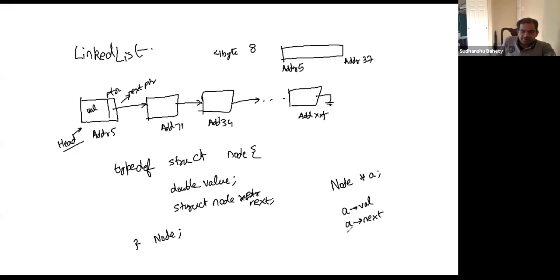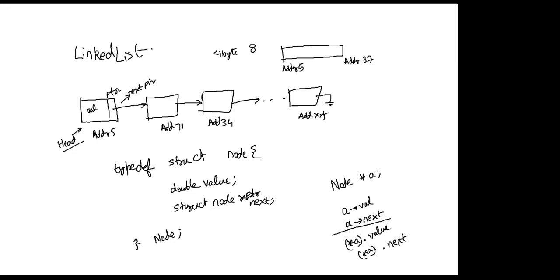But if I dereference a, the way to dereference a is using star a. So star a will give me the contents. So if I do star a, then I can use star a dot val and star a dot next. That's the only difference between arrow and dot, nothing else. Is this clear? Yes, sir. Okay.